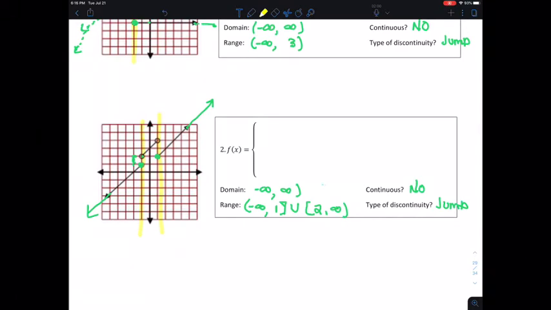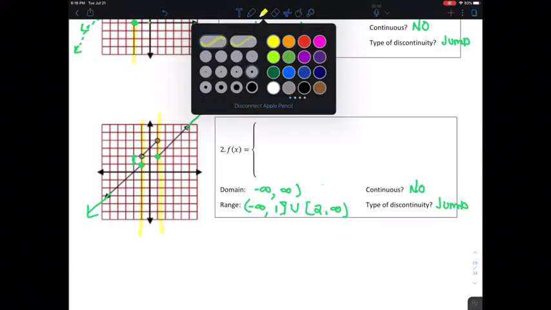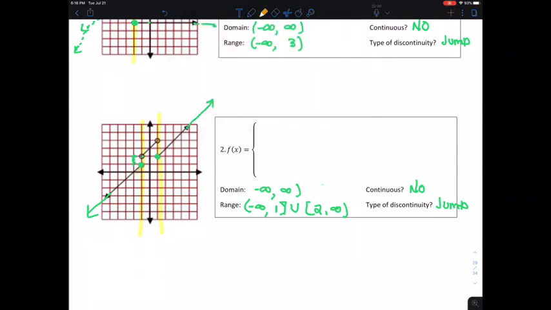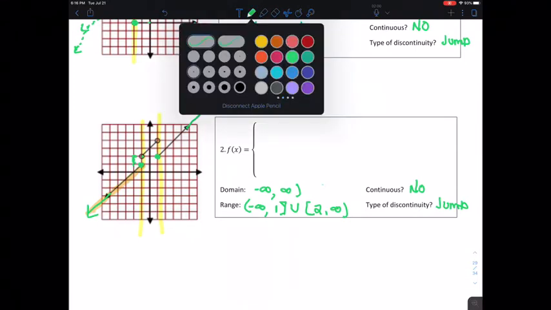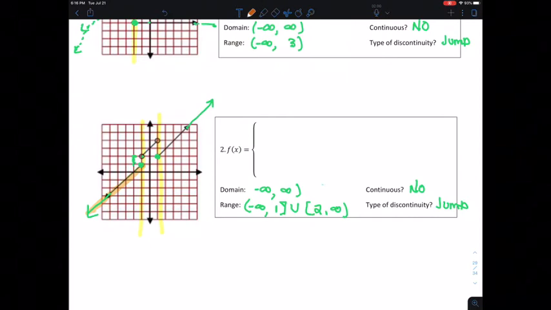This first graph, in orange, is defined when x is less than negative 2, and we're going to say less than or equal to negative 2 because of the closed circle.